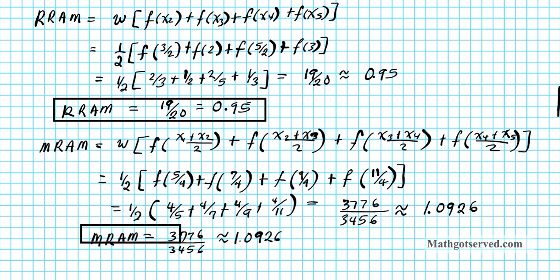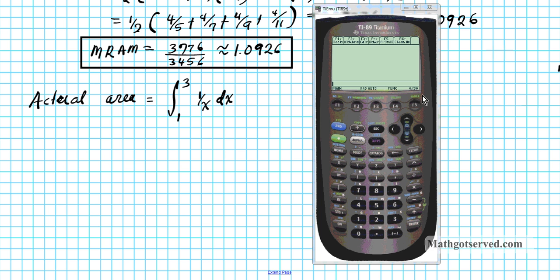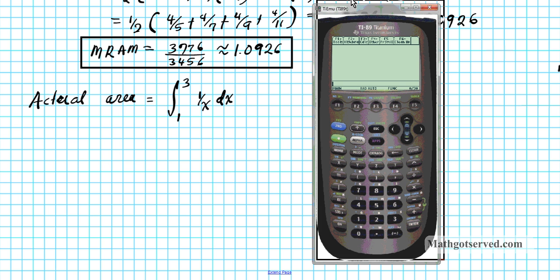Now let's compute the exact value of the area under the curve using our calculators. So the actual area is given by the definite integral from the lower endpoint to the upper endpoint of the function dx. Let's go ahead and use our calculator to do this calculation. I'm going to be making use of the TI-89 Titanium, as you can see here.